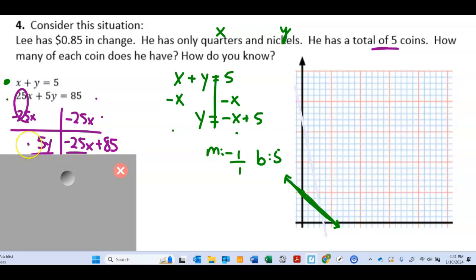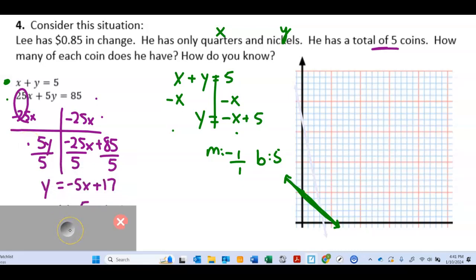Now I have to get rid of this 5. So I'm going to divide all things by 5, which gives me y is equal to negative 25 divided by 5 is negative 5. 85 divided by 5 is 17. And so therefore my m is negative 5 over 1, and my b is 17.